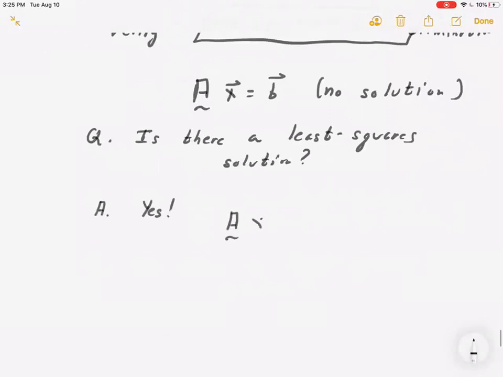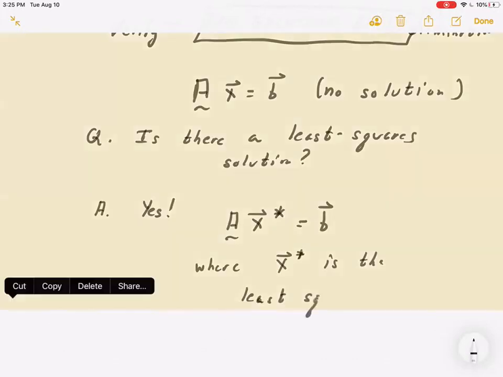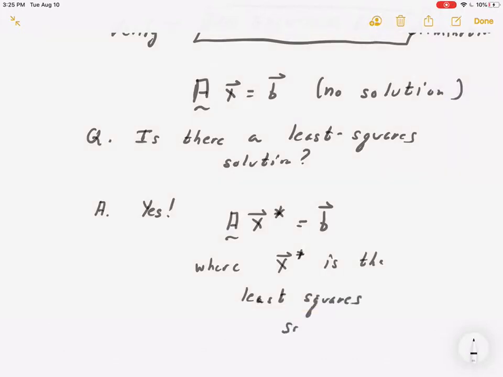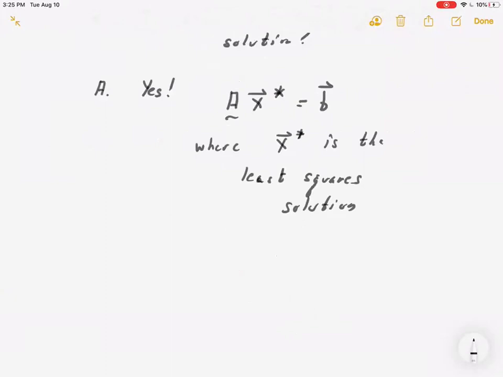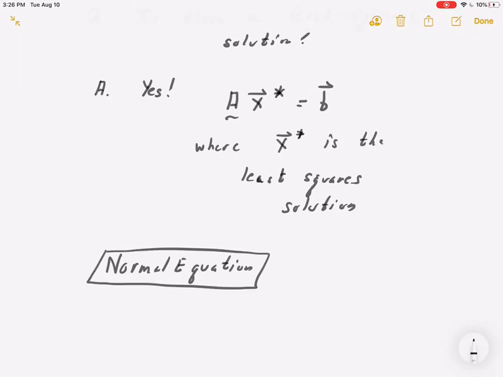That is, can I solve this equation and not find x, but x asterisk, where x asterisk is the least squares solution to my problem? So how do I go about doing that? Well, it's pretty straightforward. We've gone through the great discussion of projections of points on lines and points on planes so that we can understand where this normal equation comes from.